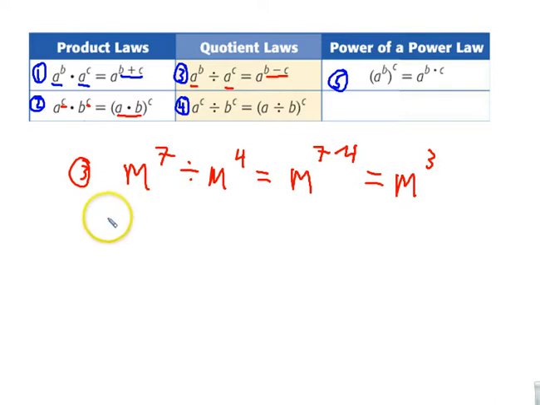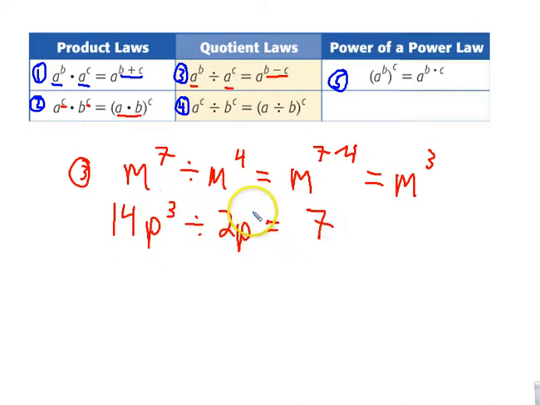Do another one, this time with numbers in front. 14p to the 3rd divided by 2p. Okay. Remember, we do the numbers first. 14 divided by 2 is 7. P to the 3rd divided by p to the 1st is p to the 2nd. Okay. I'll do one more.